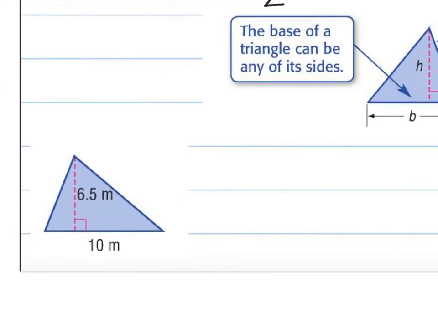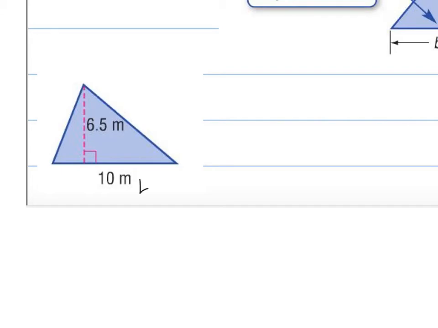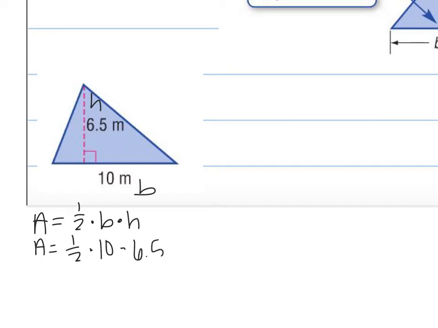All right, so let's look at this triangle. We have a base of 10 and a height of 6.5. So I know that the area of a triangle is 1/2 times base times height. So I have 1/2 times 10 times 6.5. I know right away that 1/2 times 10 is 5.